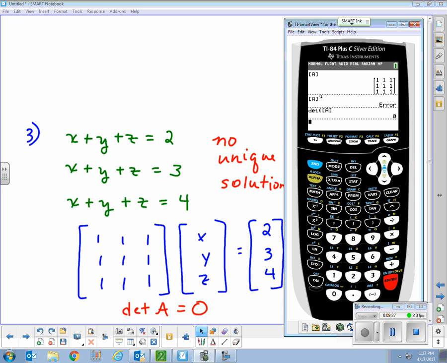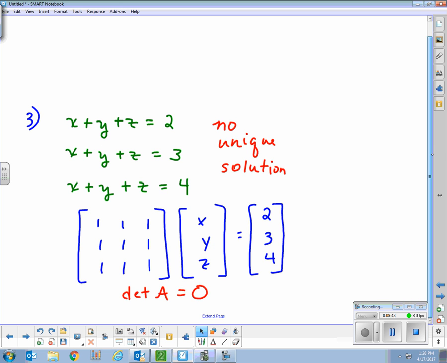All right, and so if the determinant is 0, then the inverse doesn't exist, and this problem has no unique solution. Now, you're going to have to be able to distinguish between no unique solution and infinitely many solutions.